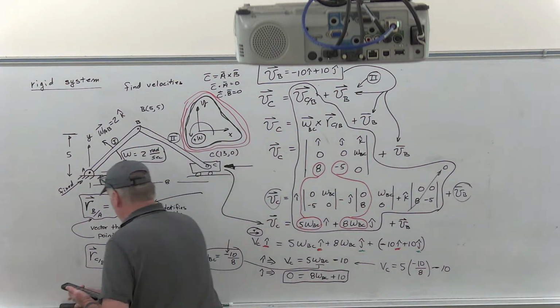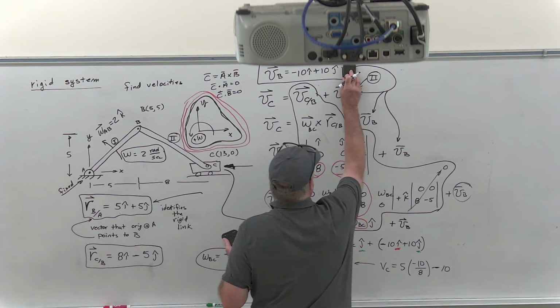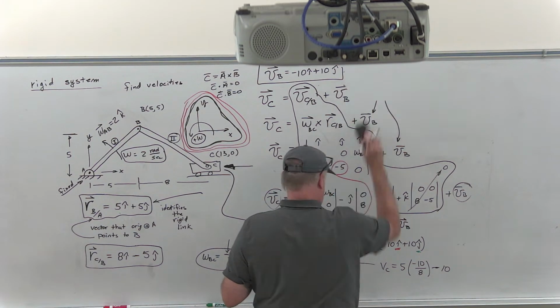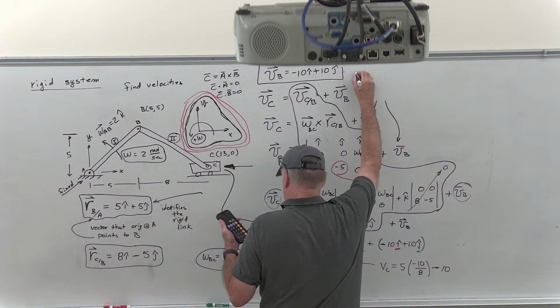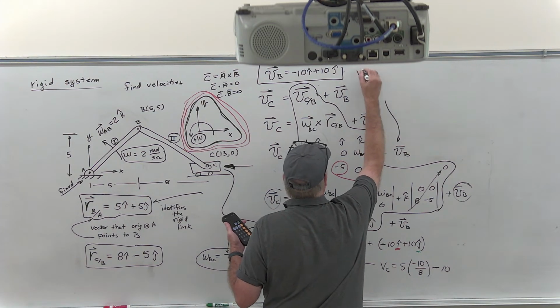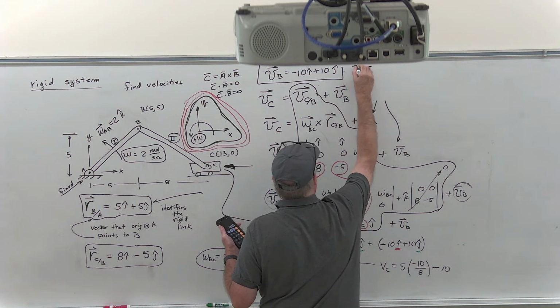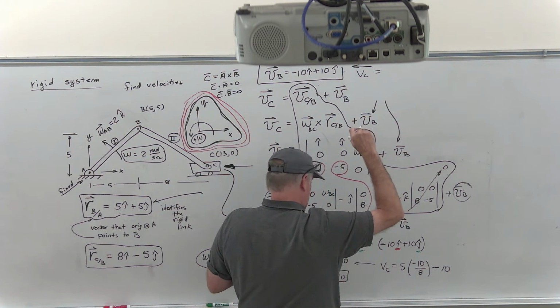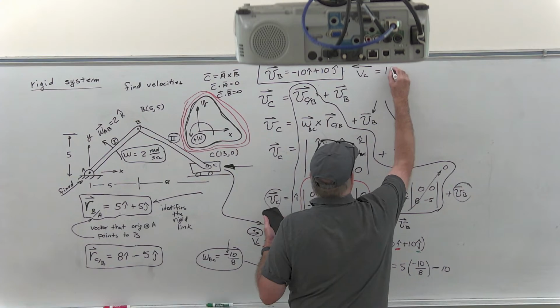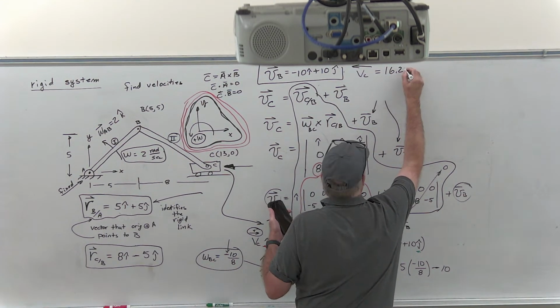So what I'm going to do, there's another whole way to work this. Okay, I get the velocity of C is to the left, and its value is 16.25 or 7.25.